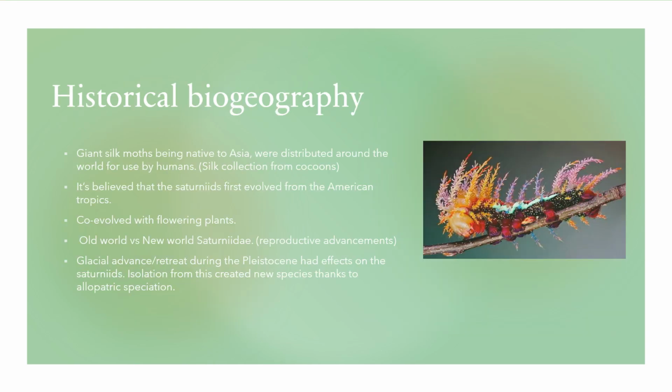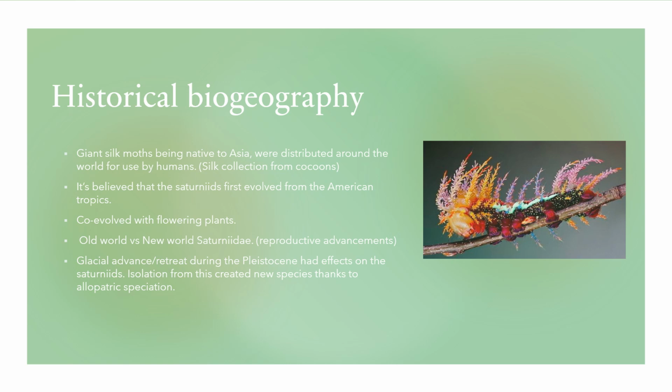Alright, getting into some historical biogeography here. These giant silk moths, originally native to Asia, were distributed around the globe for use by humans. That was for silk collection from their cocoons, or chrysalises, as you might know them from monarchs if you studied those at all. It's believed that the Saturniids first evolved in the American tropics, in the forested regions.